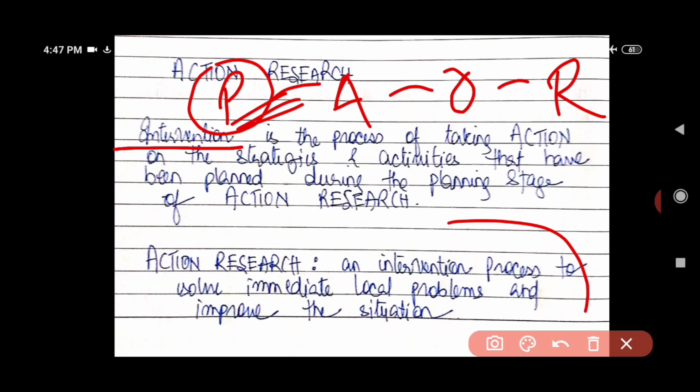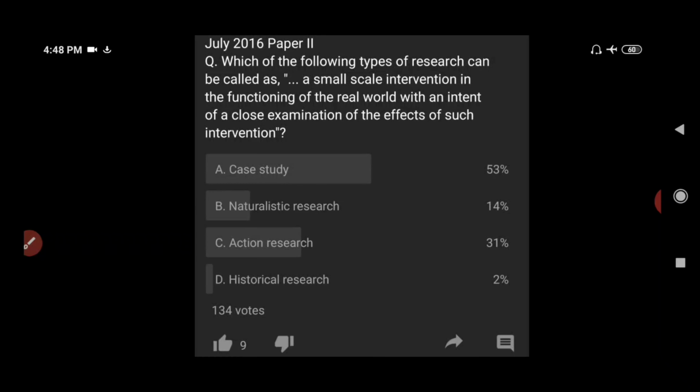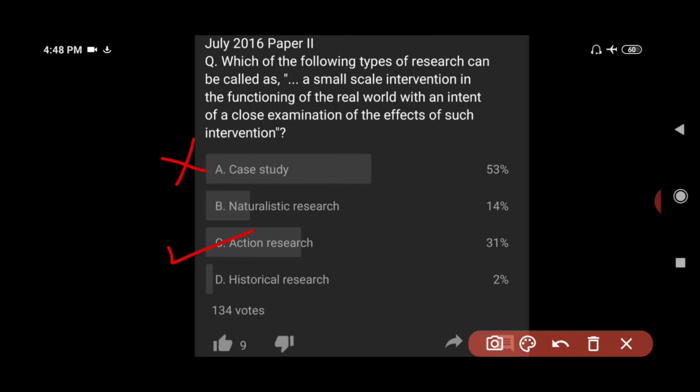So that is called intervention. That is called action research, because the teacher wants to solve the problem that you're facing and improve the classroom situation. So the answer should be action research, not case study. Case study is an in-depth understanding of an individual or an organization.